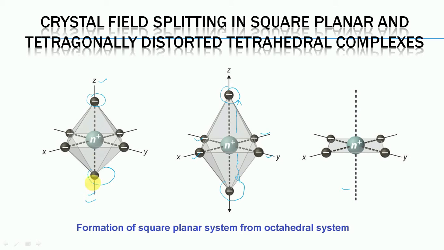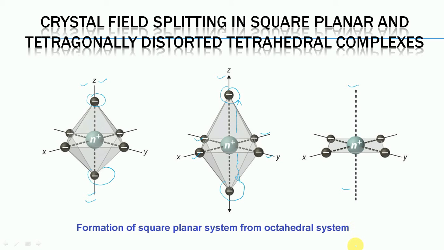So the first one is the case of the octahedral, the second one is the case of the tetragonally distorted octahedron, and the third one is the case of the square planar geometry.